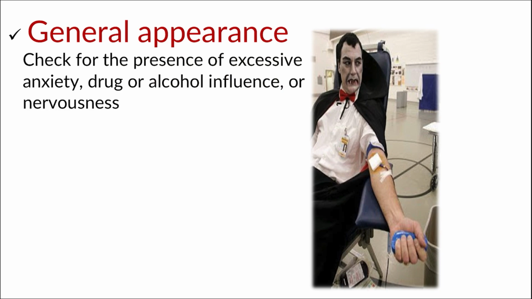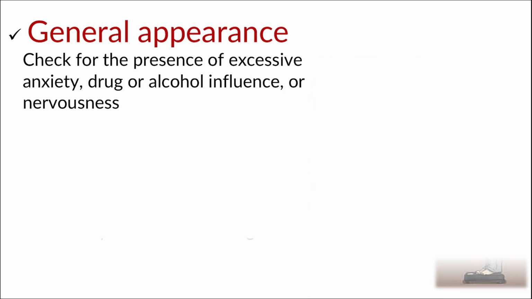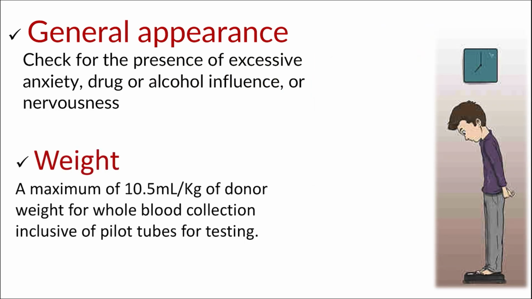That is 110 pounds. Or again, as I have said, we can compute for the donor's weight, and of course the amount of blood that can be taken from that donor. So for the weight, a maximum of 10.5 ml per kilogram of donor weight for whole blood collection. That is inclusive of pilot tubes for testing.